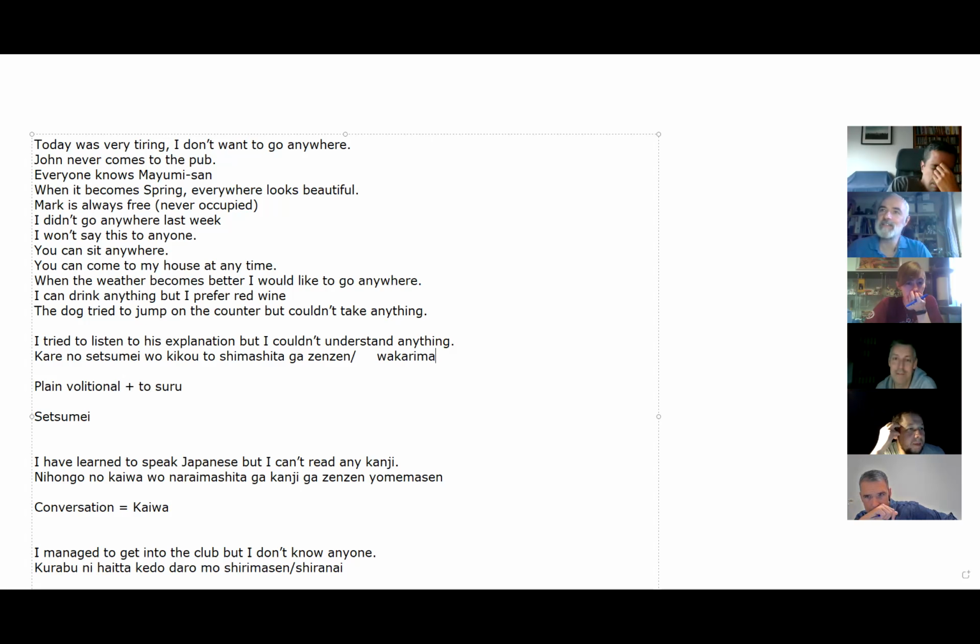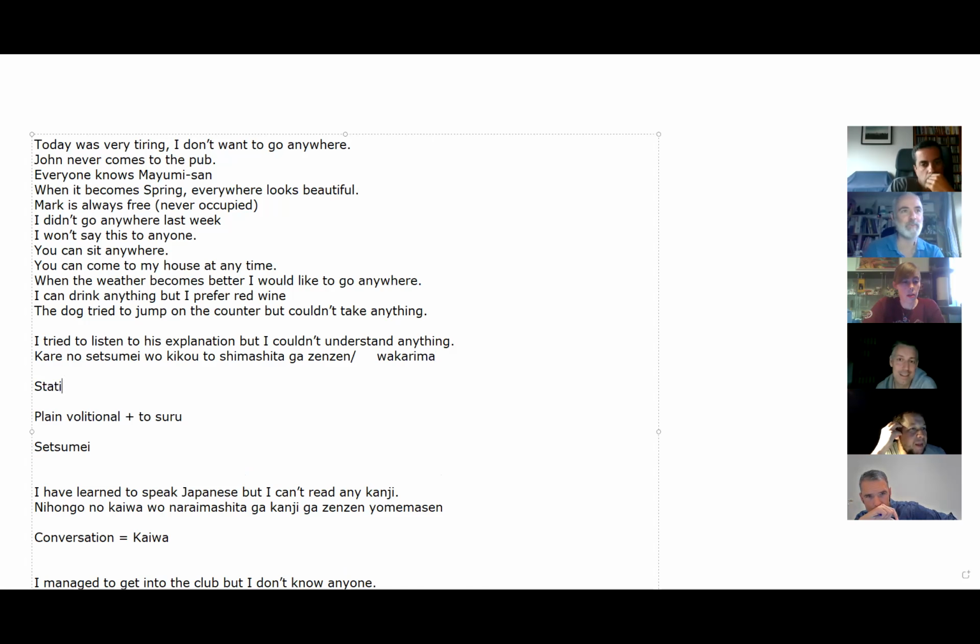It's stative, and it's a little bit like the potential. So wakarimasu already infers the ability to understand or not inside of it. So if you cannot understand or you did not understand, then this is the same verb. Wakarimasen deshita. Perfect.